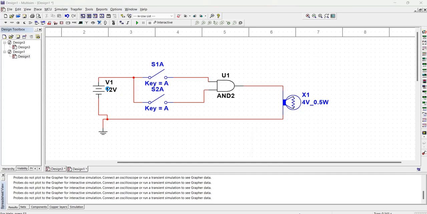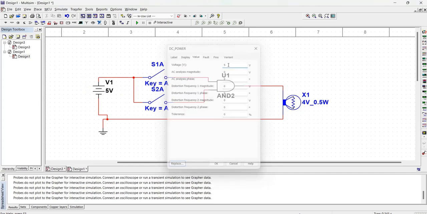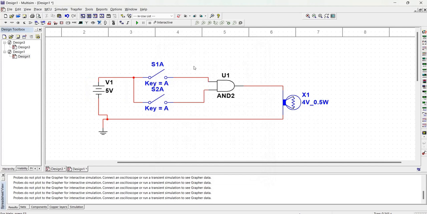So let's decrease this value to 5 volts, since majorly the transistor logic, from which these particular gates are constructed, works with a battery or voltage that is always around 5.